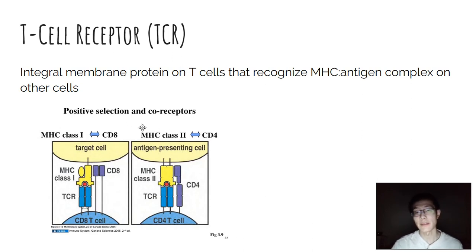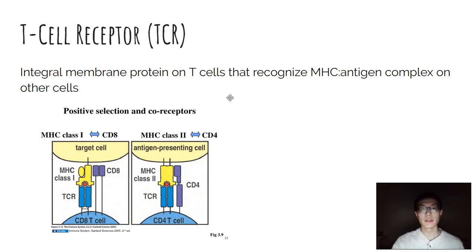And then over here we have MHC class 2, and that's going to be on an antigen-presenting cell, or APC, such as a dendritic cell or a macrophage or a B cell, and that's going to be recognized by CD4.